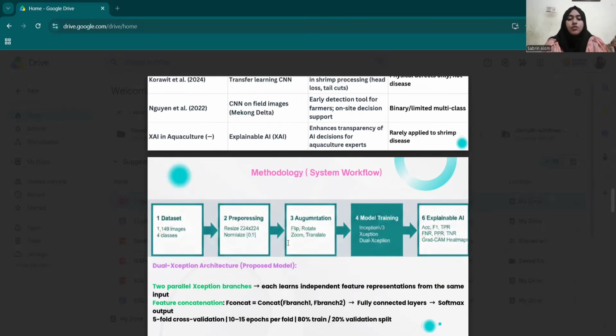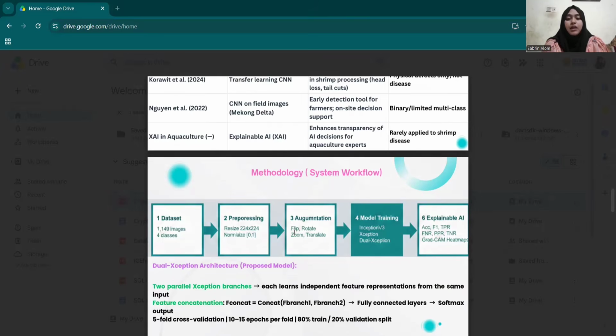Here we are using the dataset and resizing it to 224 by 224 pixels, and then normalizing into 0 and 1. The third one is augmentation, because there are limited images, especially for the minority class. It creates extra training data by flipping, rotating, zooming, and translating, shifting the existing image.